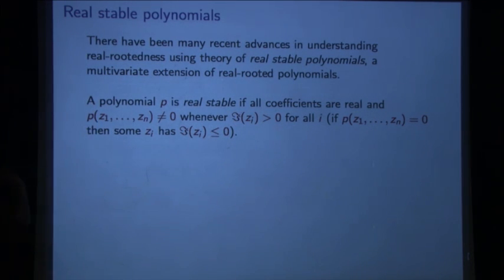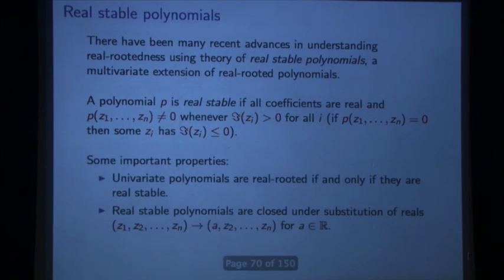So you don't have any roots for which all of the coordinates lie in the upper half plane. Some important properties. Firstly, univariate polynomials are real rooted if and only if they are real stable. And that comes from the fact that for univariate polynomials, complex roots come in pairs. So if you have any complex root, in particular, you have one in the upper half plane.